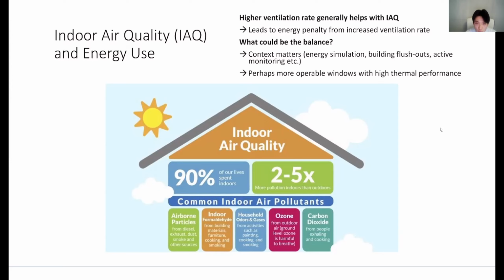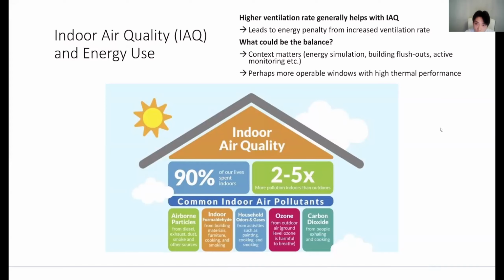Therefore, generally we only rely on ventilation rates. Basically, if you bring more outdoor fresh air into the space and expel the used air inside the space to the outdoors, you drive these air exchanges so that in the end we have much fresher, cleaner indoor air.